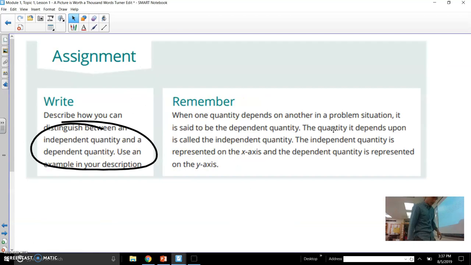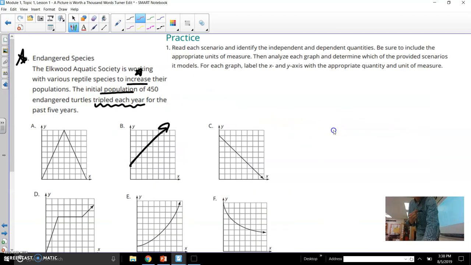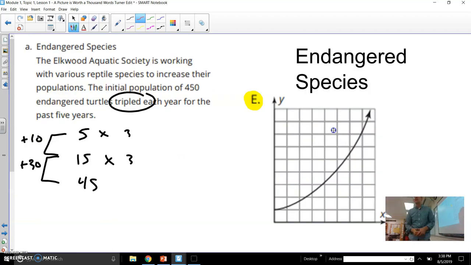So if you remember, what makes something independent versus dependent? When one quantity depends on another, that's what makes it the dependent quantity. So what depends on what in this scenario? Well, the time really determines the population.